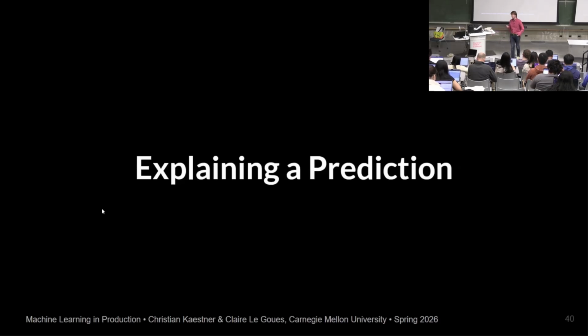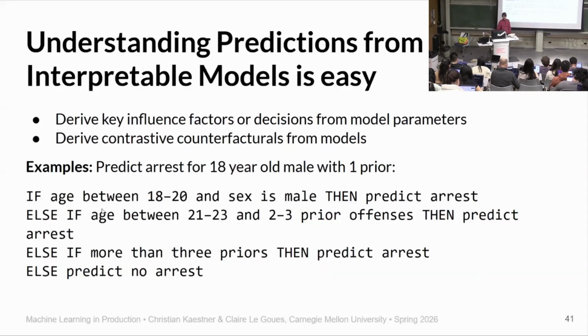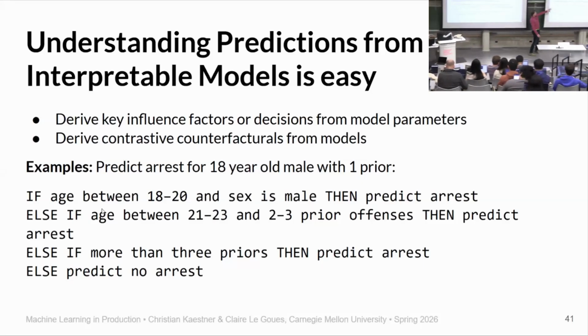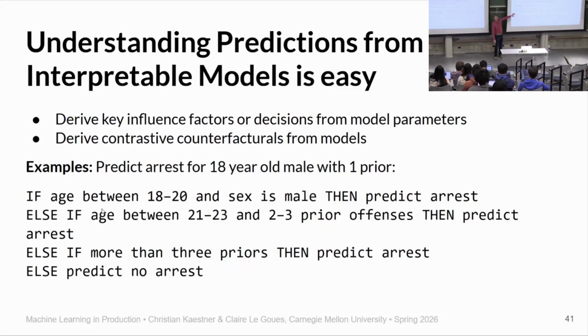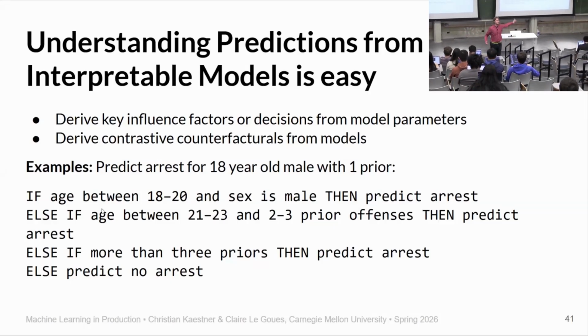If you have an inherently interpretable model, let's say this, we have a 25-year-old male with 5 prior convictions. What do we tell that person? Does this model think they will re-offend?